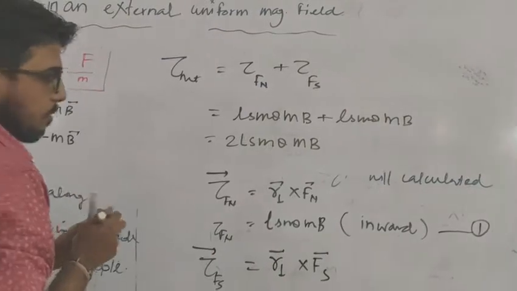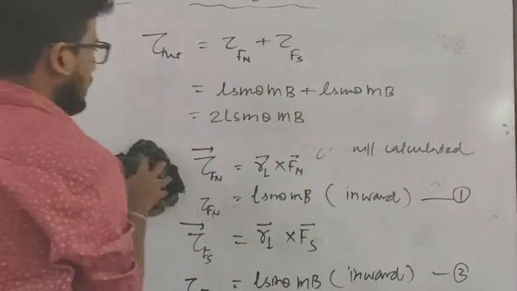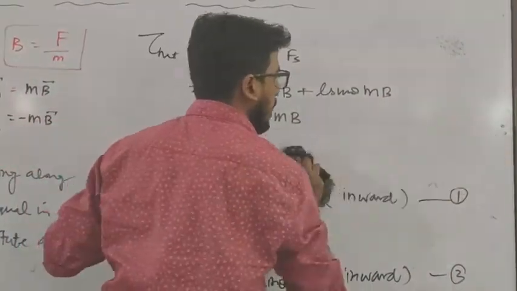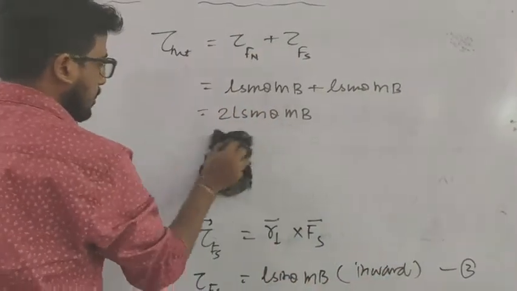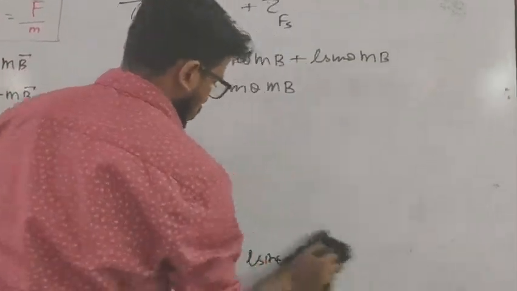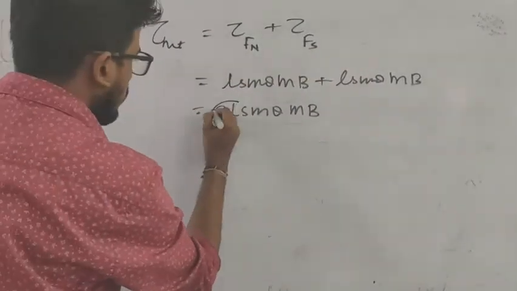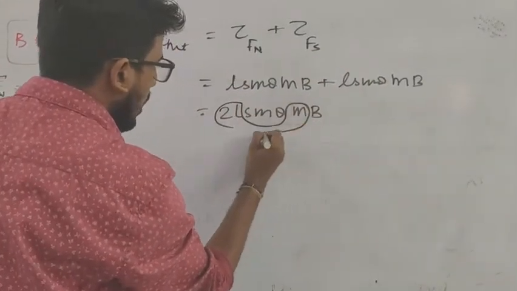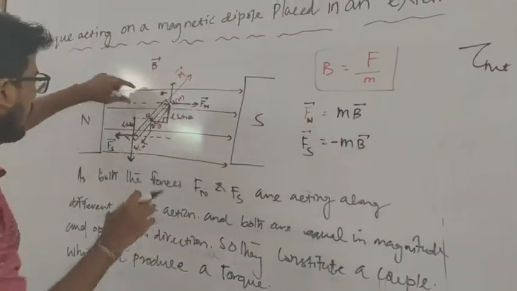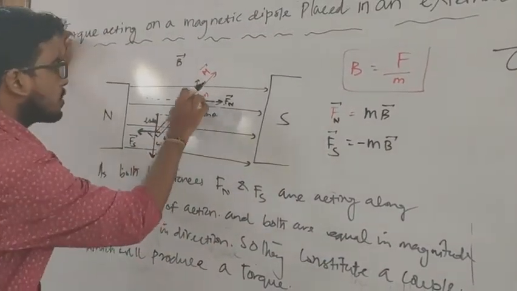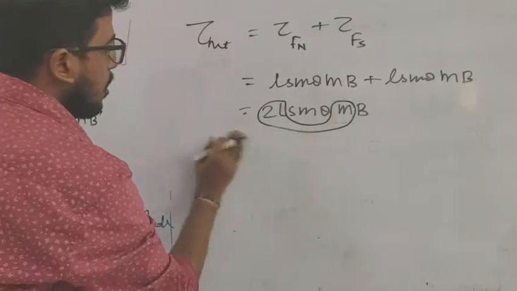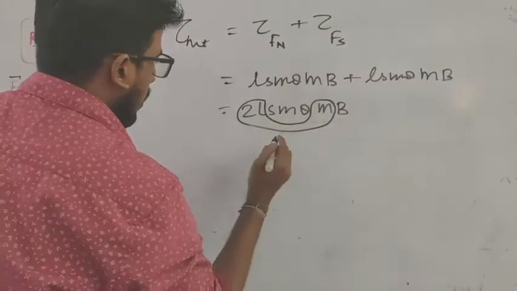As we know, 2L is the length of the dipole, and M is the pole strength of either pole of the dipole. So what will be the product 2L into M? 2L is the length of the dipole, and M is the pole strength, so 2L into M will be the dipole moment of the magnetic dipole.